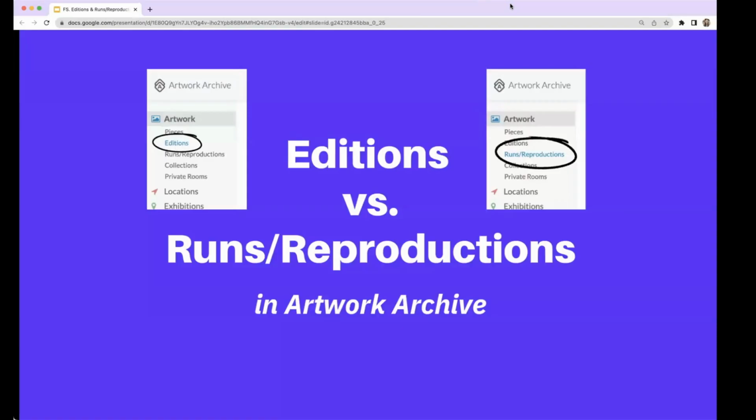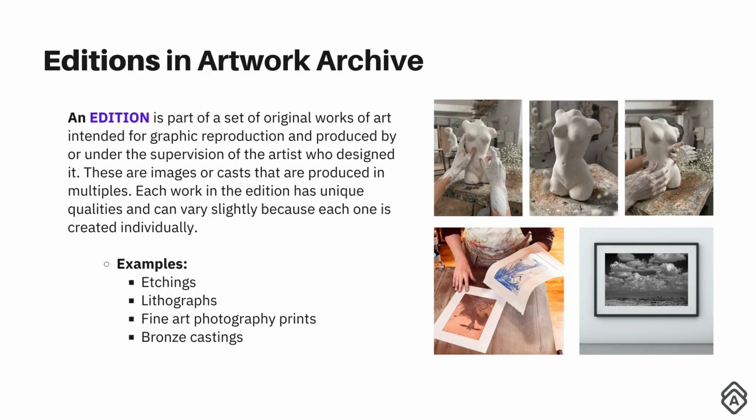Let's go over first the difference between editions, runs, and reproductions. So for us, an edition in Artwork Archive is a part of a set of original works of art intended for graphic reproduction and produced by or under the supervision of the artist who designed it.